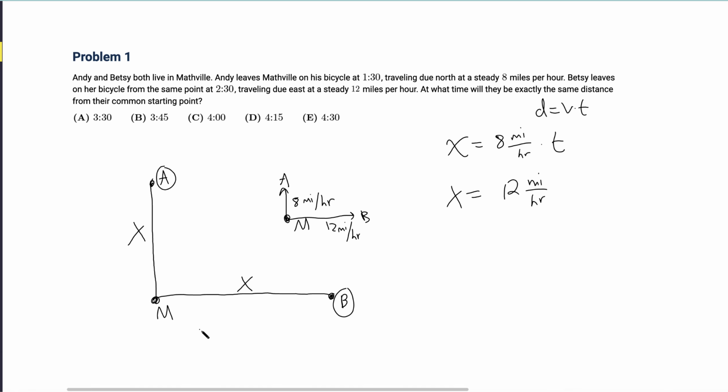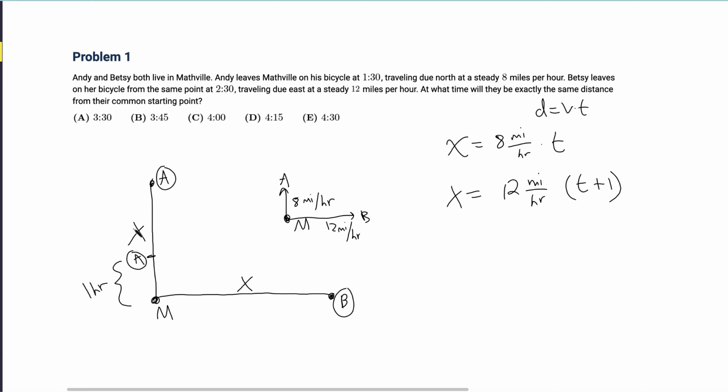Well, Betsy left at 2:30, so she left a full hour later. So, however much time Andy took to travel a distance of x, Betsy must have taken t plus 1, because you can think of it as when Andy traversed this in 1 hour, that's when Betsy started to leave.